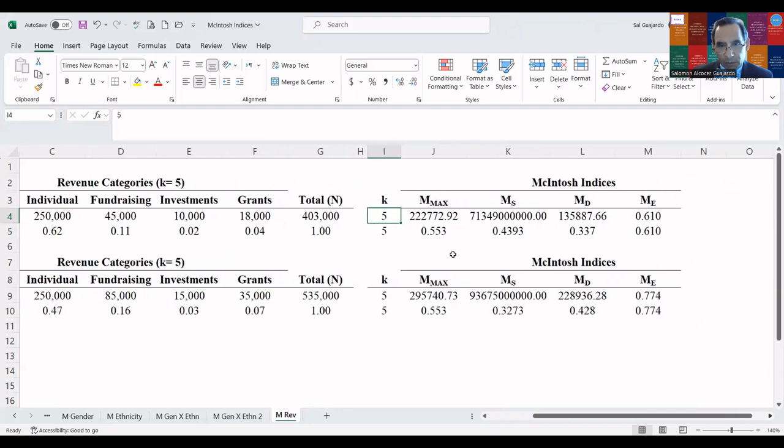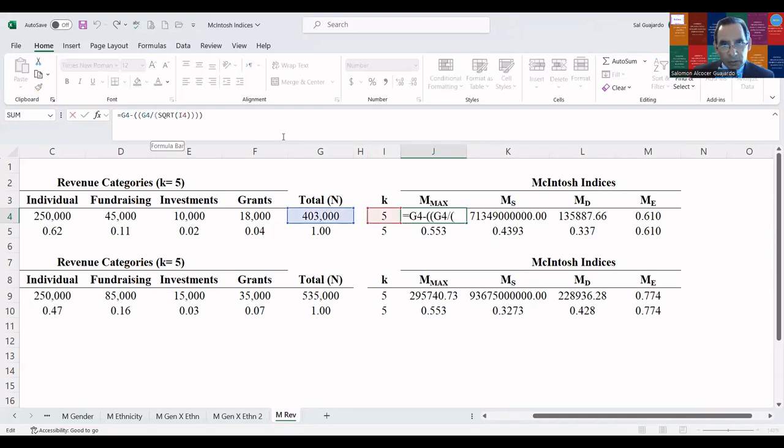And recall that I said that if you use frequencies, the numbers get extremely large. So here, when I apply the formula for obtaining the maximum McIntosh diversity score, it's going to be the total minus the total revenue divided by the square root of the number of categories.